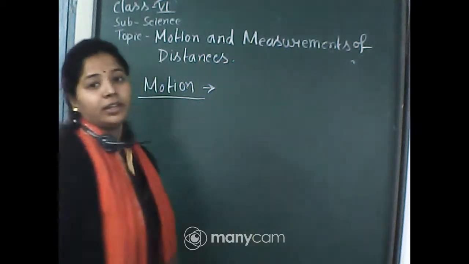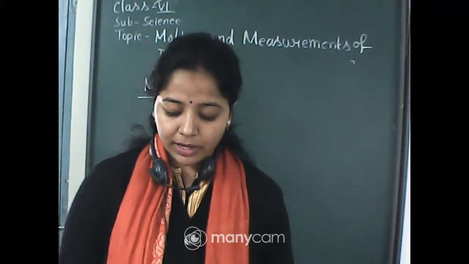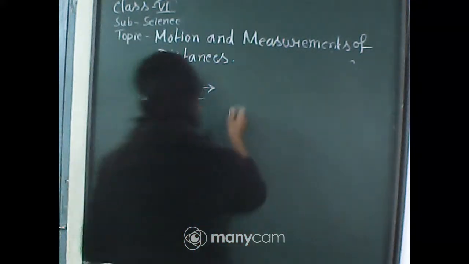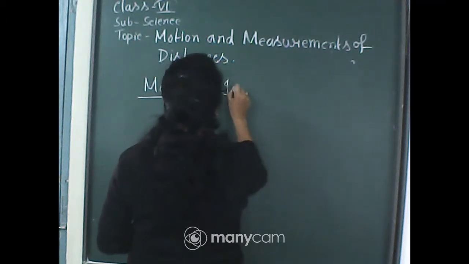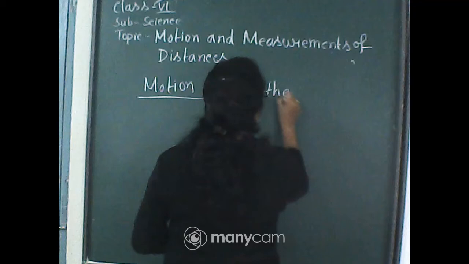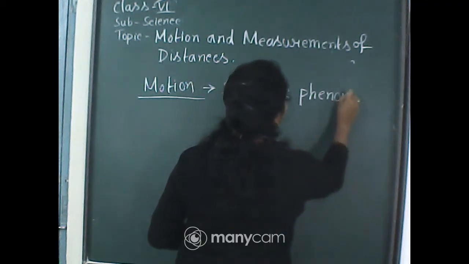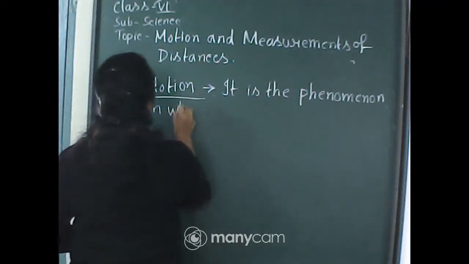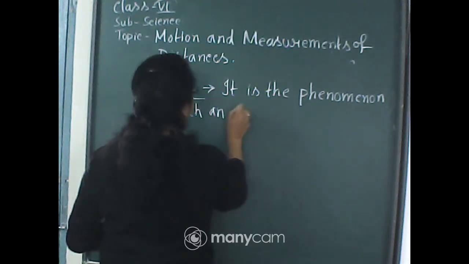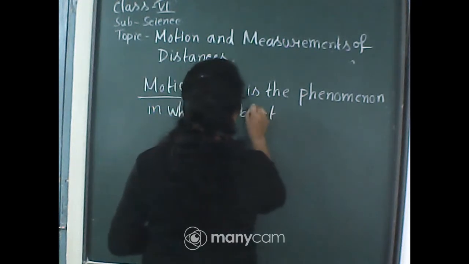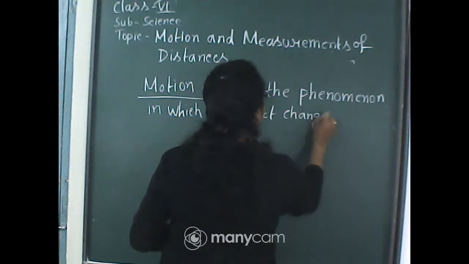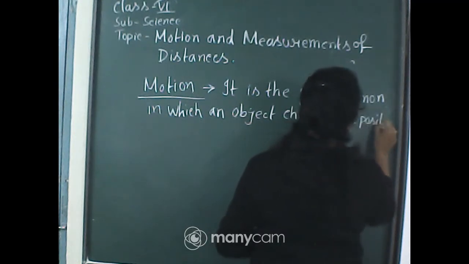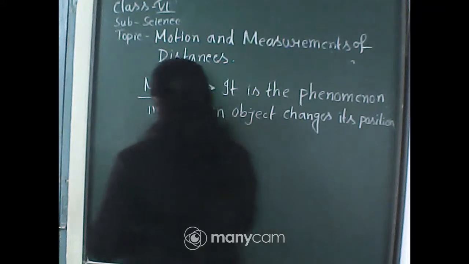Motion is a phenomenon in which an object changes its position over time. Okay, so we can write: it is the phenomenon in which an object changes its position over time.